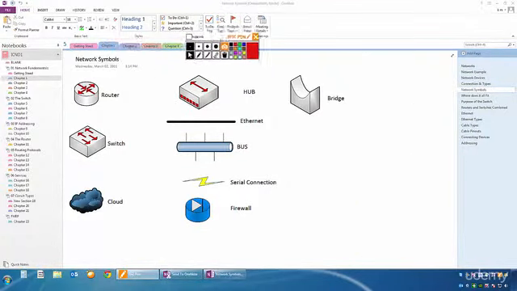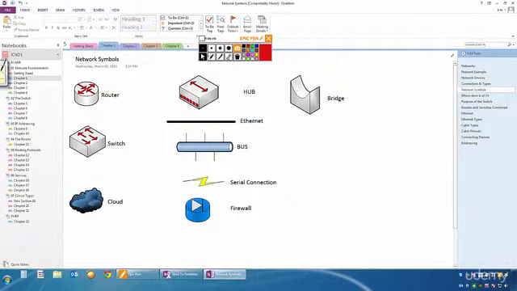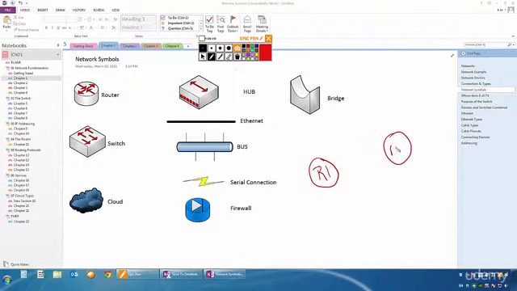So our network devices also have these symbols that we are going to start getting used to. As you notice, I was drawing a router. I drew a circle for a router, and I put an R in there, and then I'll have the router 1. If I'm connected to another router, I'll have a router 2.